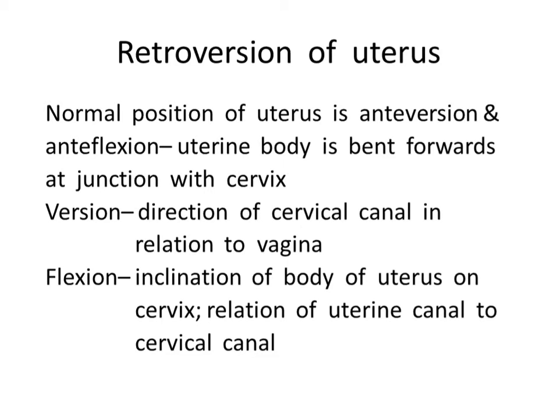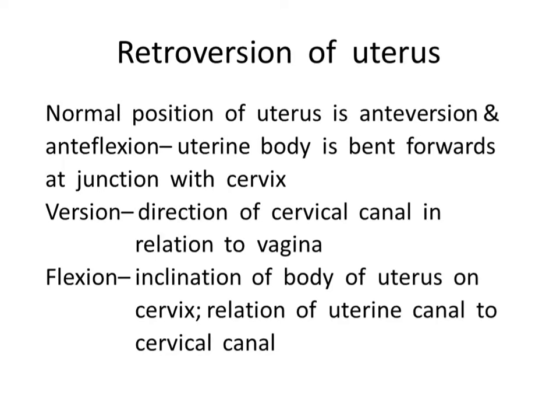The cervix is directed posteriorly, in the sense that the anterior lip is lower than the posterior lip, and the posterior lip is facing the posterior fornix. In a retroverted uterus, the cervix is directed forwards. That is, the anterior lip is facing the anterior fornix.